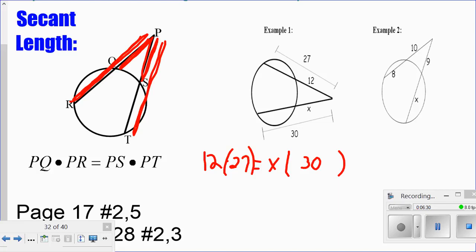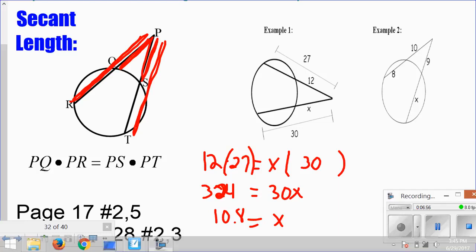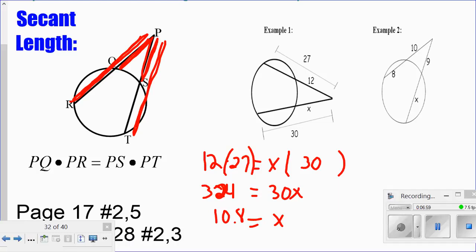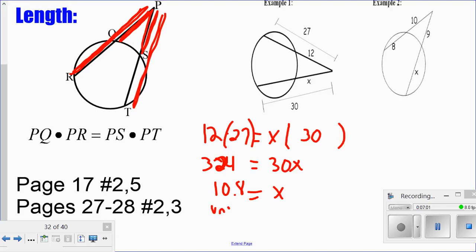So let me figure out what that equals. 12 times 27 is equal to 324, is equal to 30x. So I'm going to divide both sides by 30, and that gives me 10.8. Okay, so we have 10.8 units is the length of x.